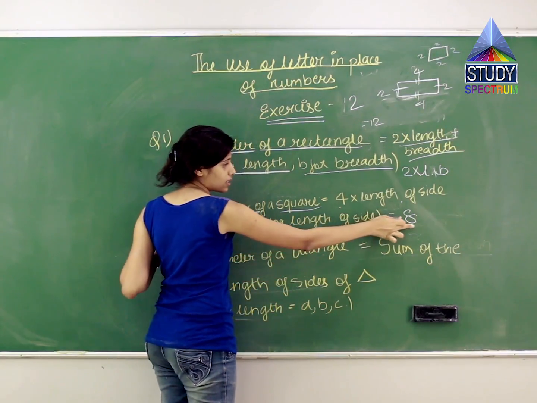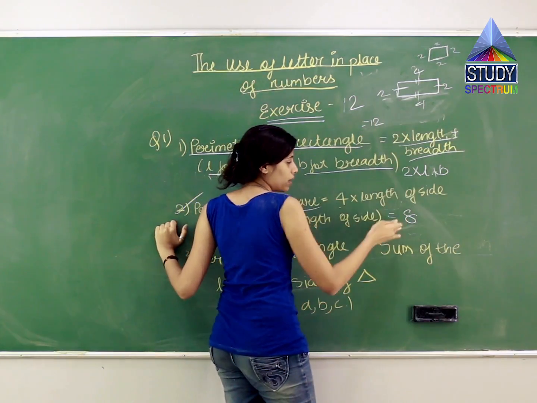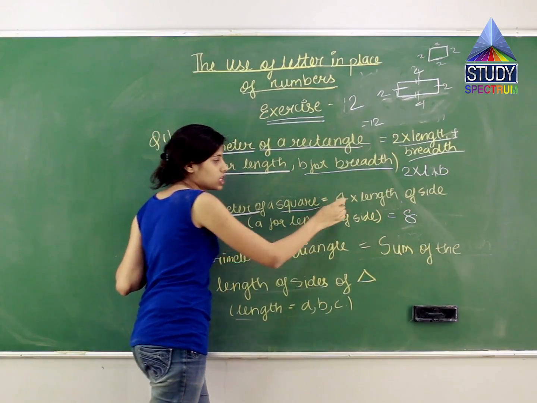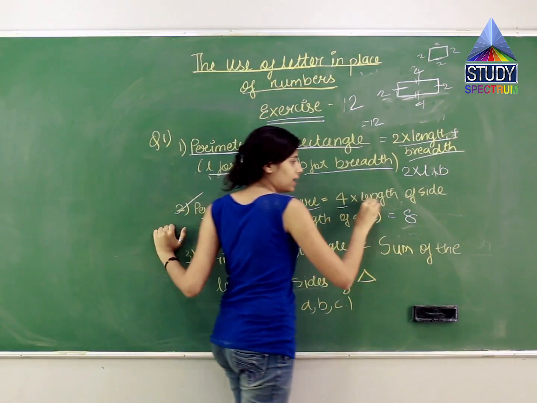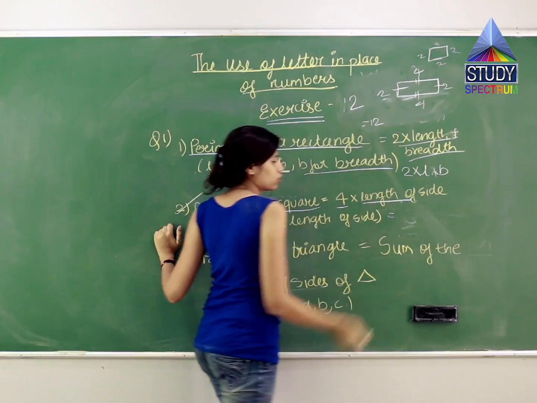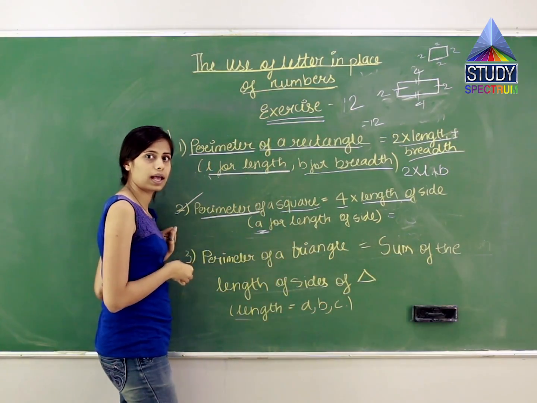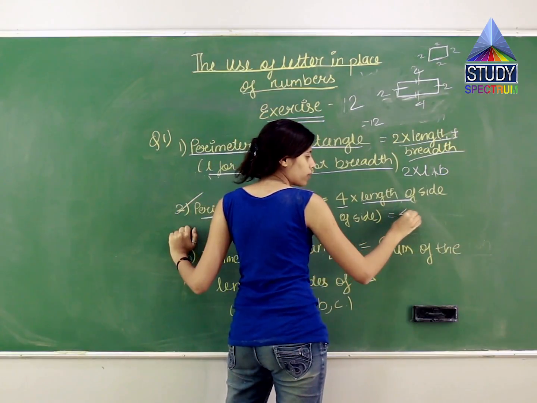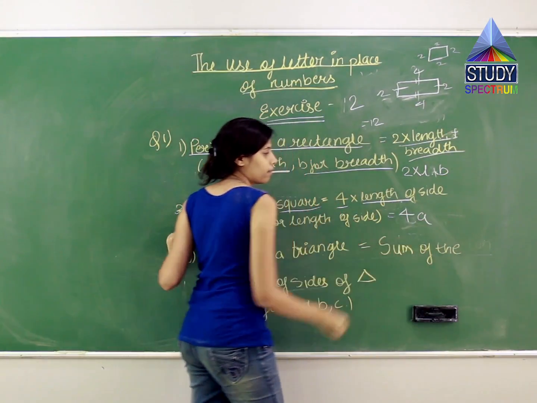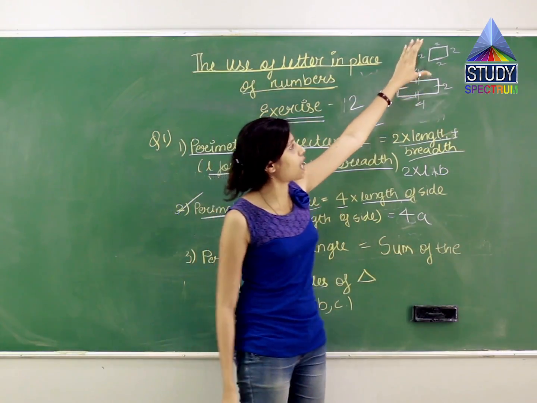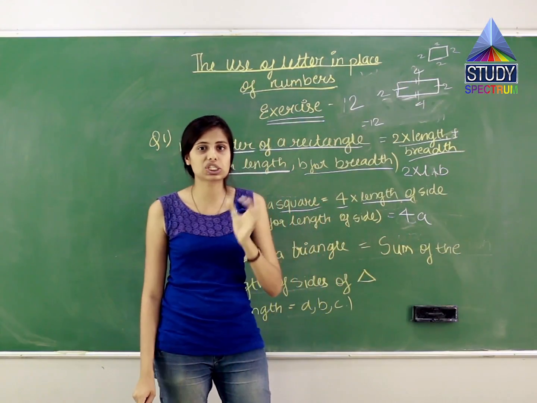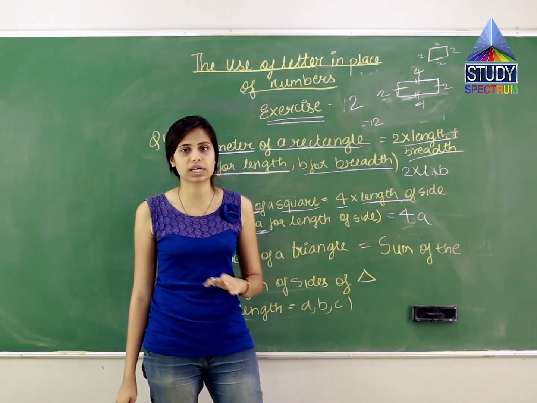So over here the answer is 8 for this example. But in the question we don't know the number. We just know it is 4 multiplied by the length of this side. What is the length of this side? They have told you the length of this side is A. So instead of the number, I will write 4A. Why 4A? Because that was an example given by me, in which the length of the side was 2 centimeter.